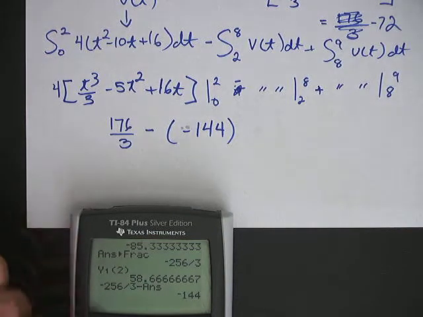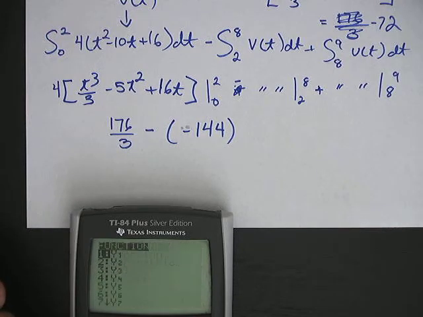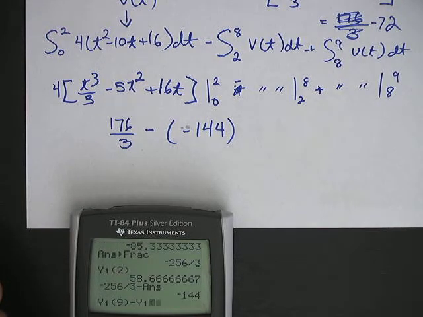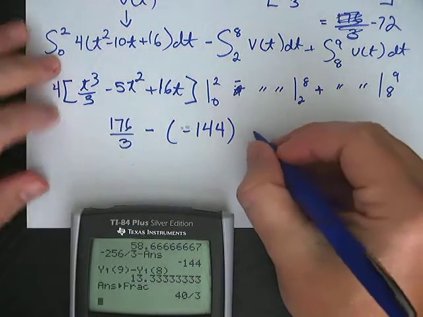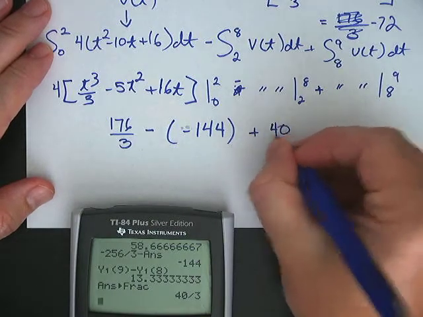And here's something else you can do. You can use vars, y vars, enter. Do the 9 minus, do vars, y vars, enter, and then do the 8, and it will actually do the work for you, plug in the limits for you. Math enter to do that, and you get plus 40 over 3.